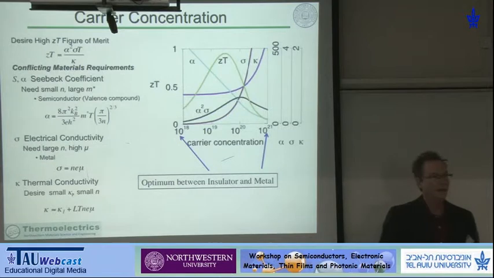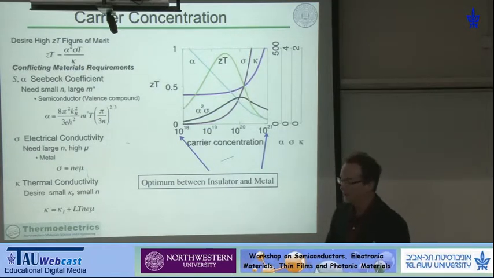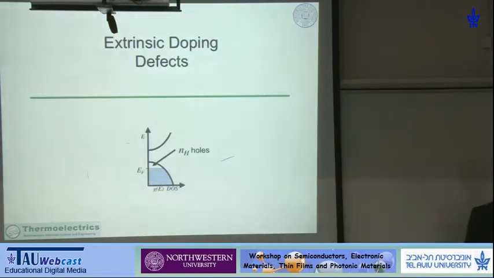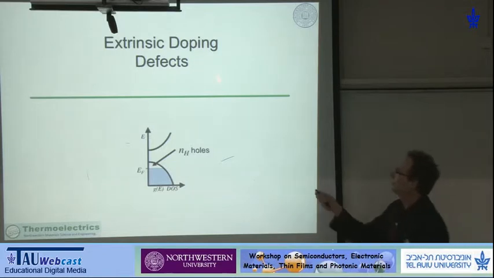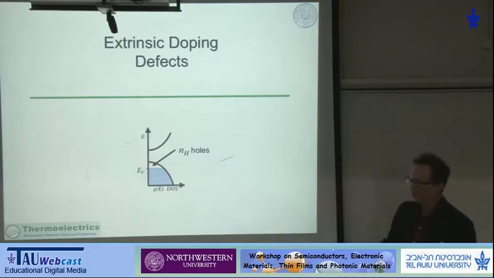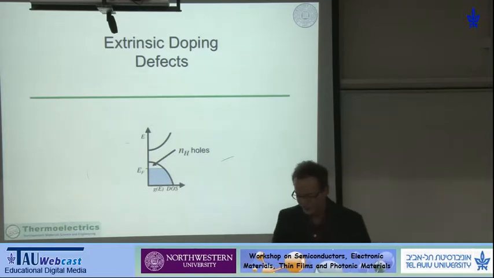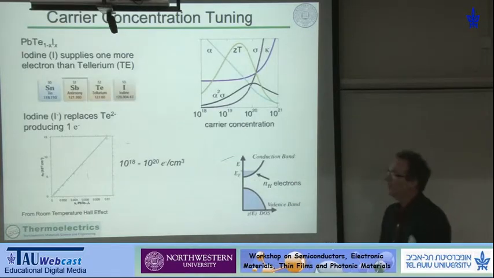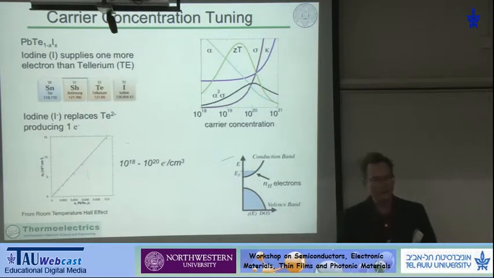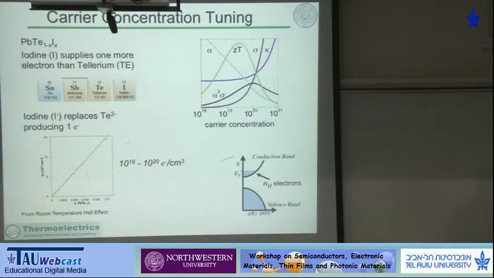So we're typically in 10^19, 10^20, maybe even 10^21 carriers, very heavily doped semiconductor. And so in order to do that, we need to use extrinsic defects to produce quite a large number of carriers in our semiconductor. And so the simplest way to do that, we have a slightly simplified way of thinking about doping.